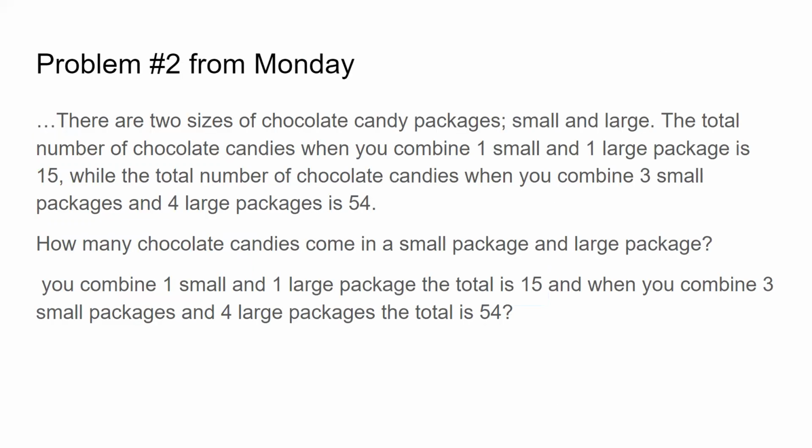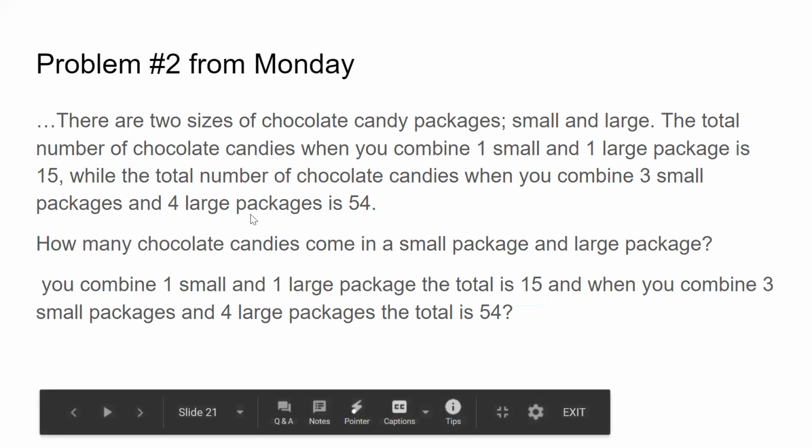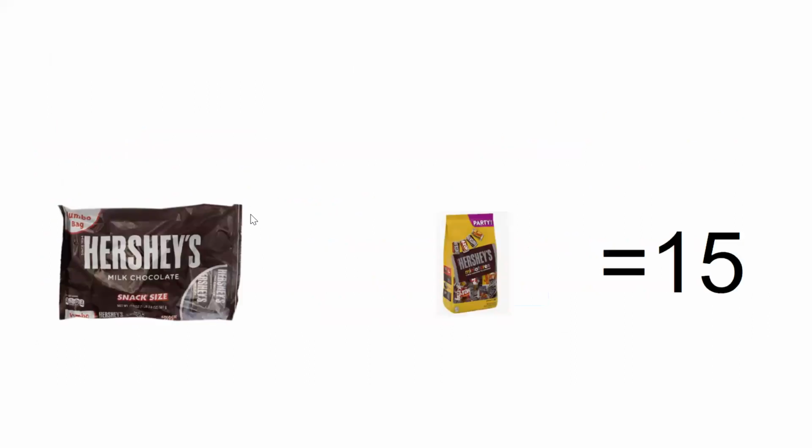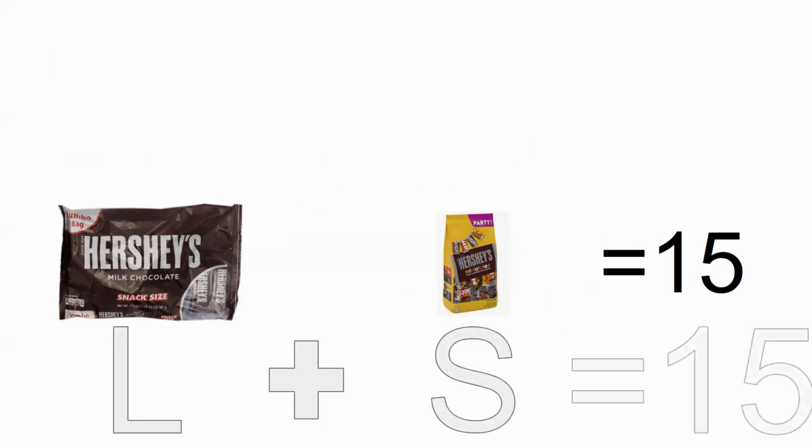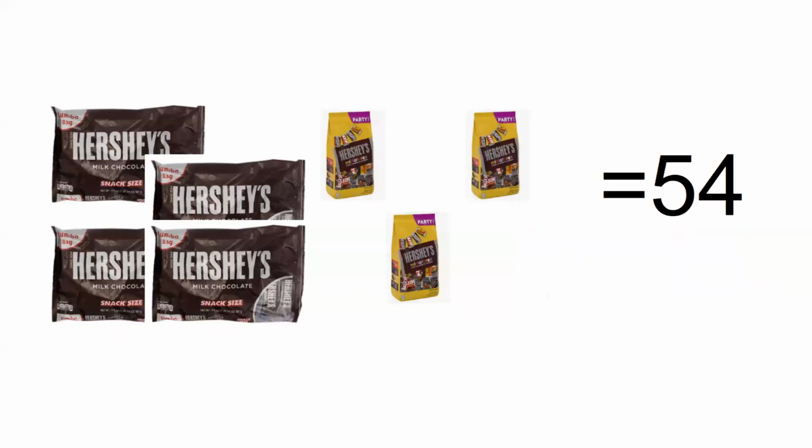So I'm going to give you the same exact situation, except what if one small and one large is 15 and 3 small and 4 larges is 54? Well, let's go straight to the system of equations, right? A large and a small is 15. So L plus S equals 15 now. 4 larges and 3 smalls equals 54.